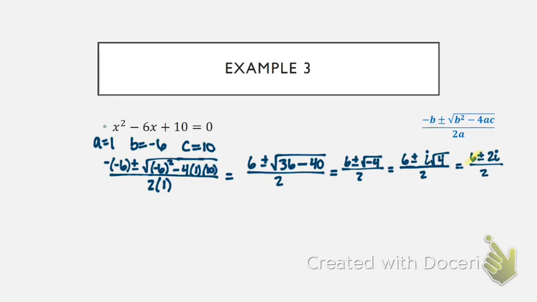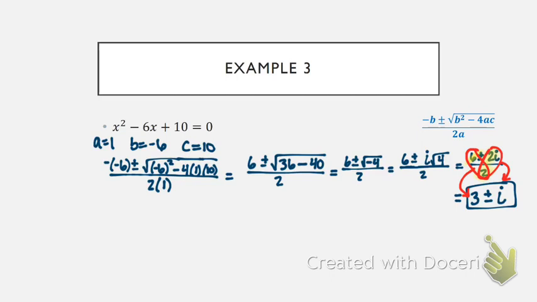Then, if you look, I can divide that by 2, and that by 2. So this actual answer would be 3 plus or minus i. 6 divided by 2 is 3. 2i divided by 2 is i. So my actual simplified answer would be 3 plus or minus i.